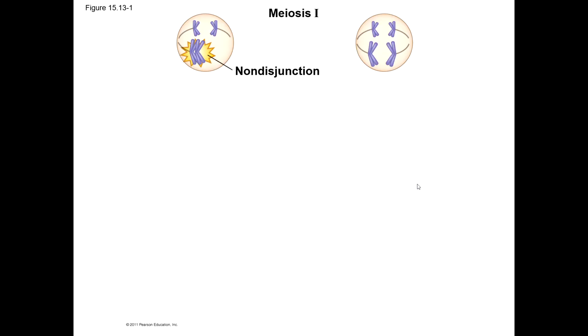So here's what would happen. Looking at meiosis 1, I hope you still remember meiosis, our homologous pairs line up at the equator, and then the pairs are supposed to separate, but this pair does not separate.